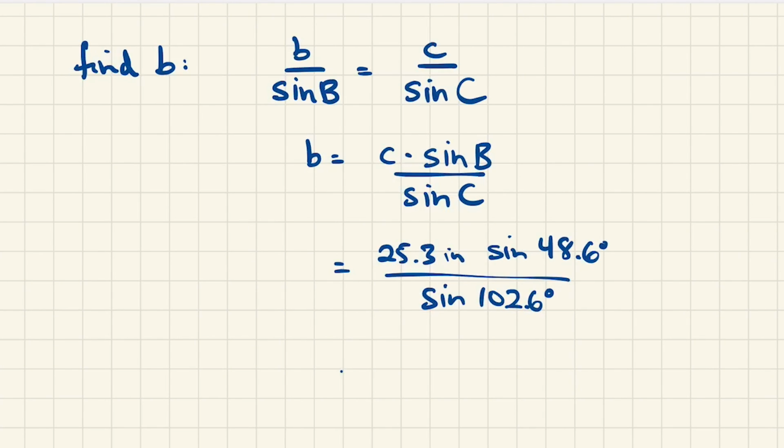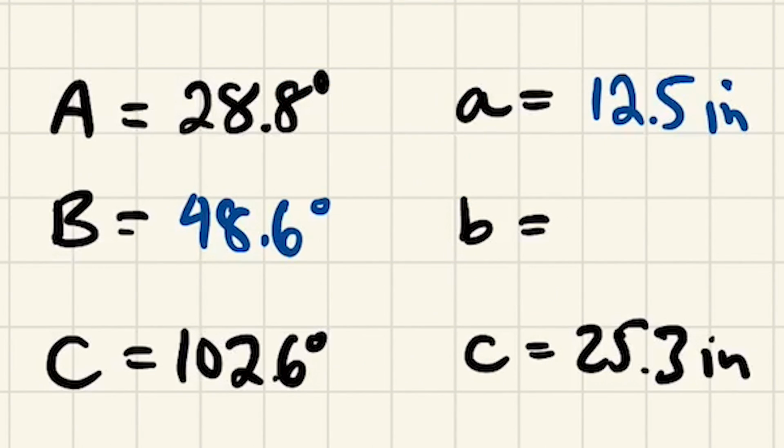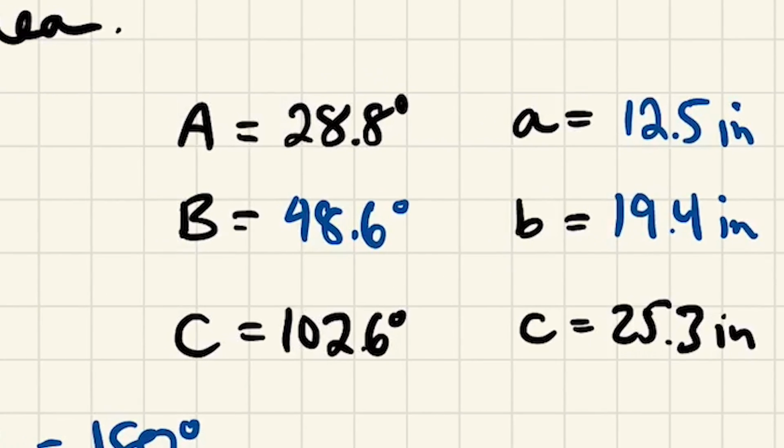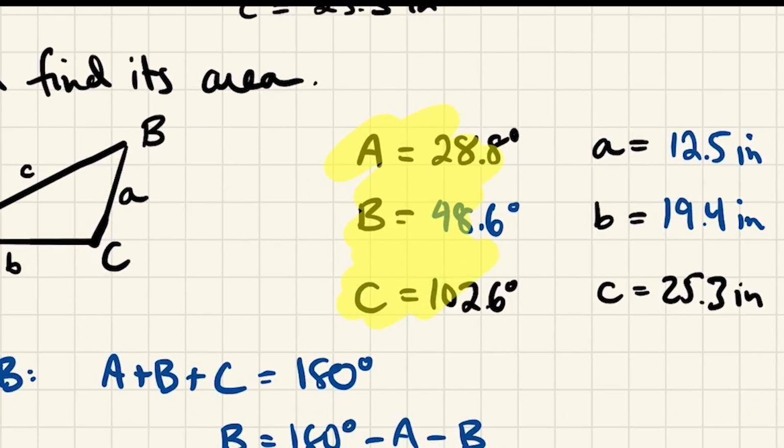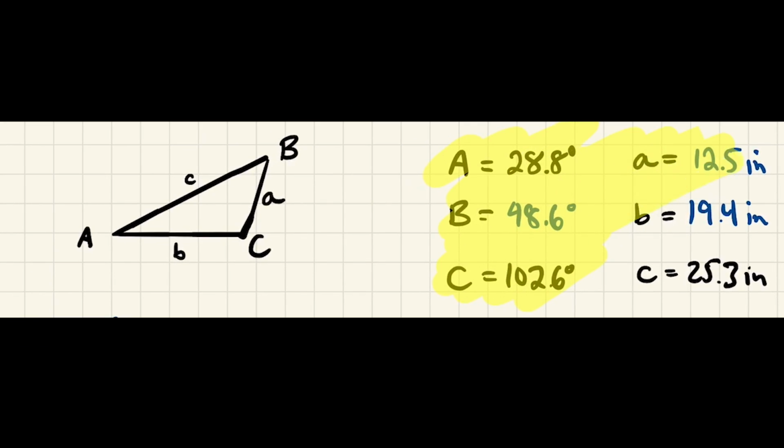All right, so we'll just do that calculation. So I get 19.4461, which will round to 19.4 in our answer there. So this is the triangle solved. We now know all three side lengths and all three angle measures.